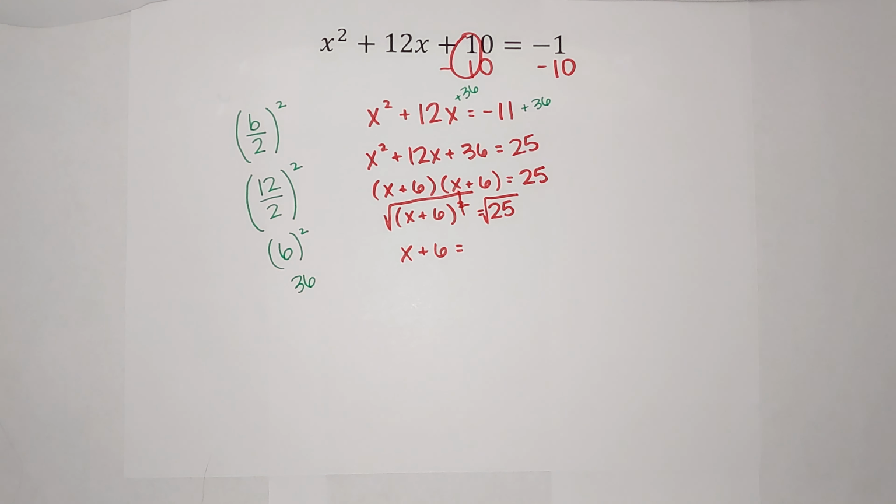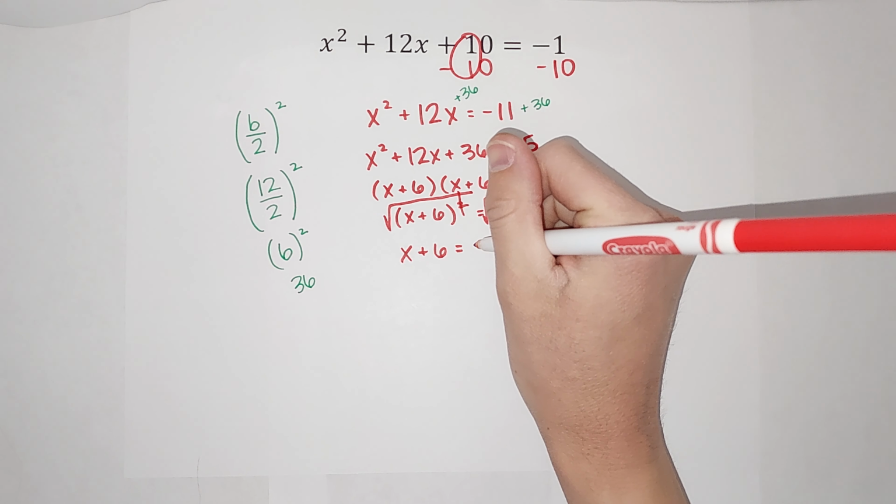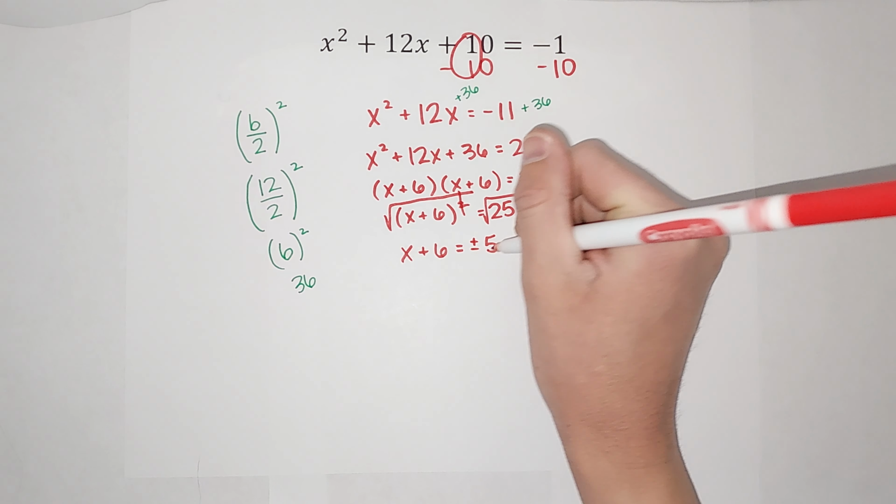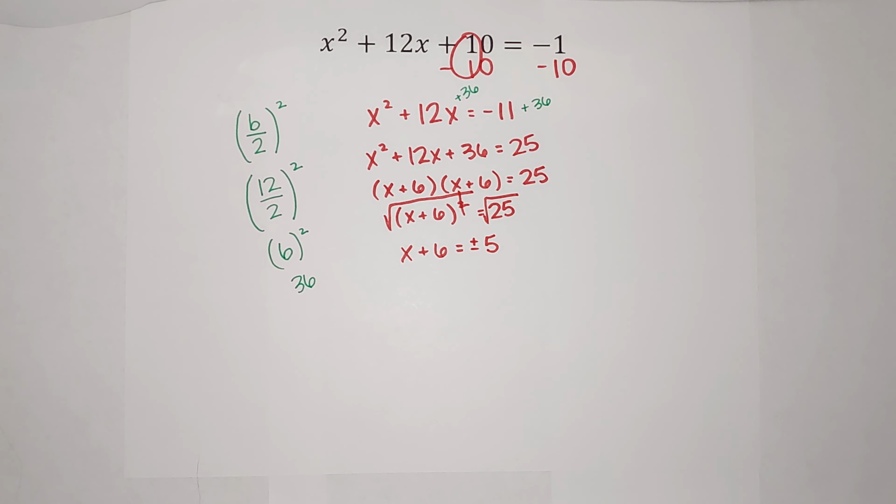But whenever we introduce the square root into a math problem, we need to remember our plus or minus sign. So the square root of 25, I'm going to write as plus or minus 5. Why is that? Because 5 times 5 is 25, and -5 times -5 is also 25. So we need to account for both of those answers.